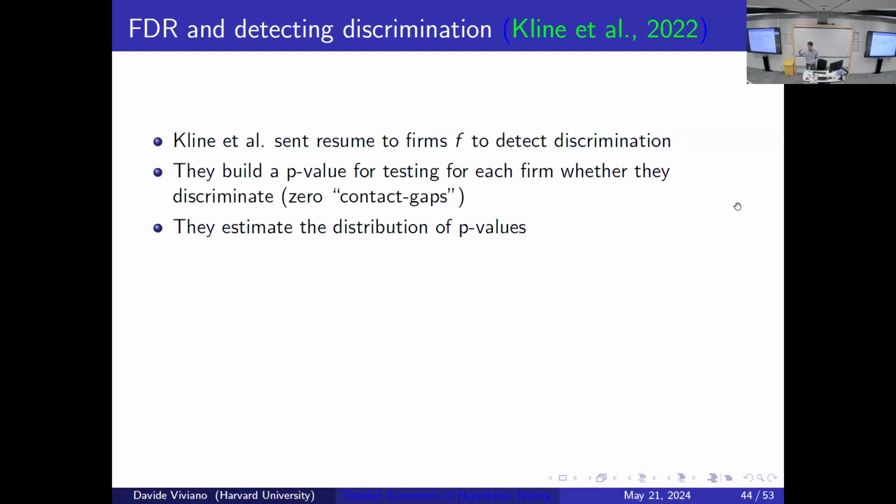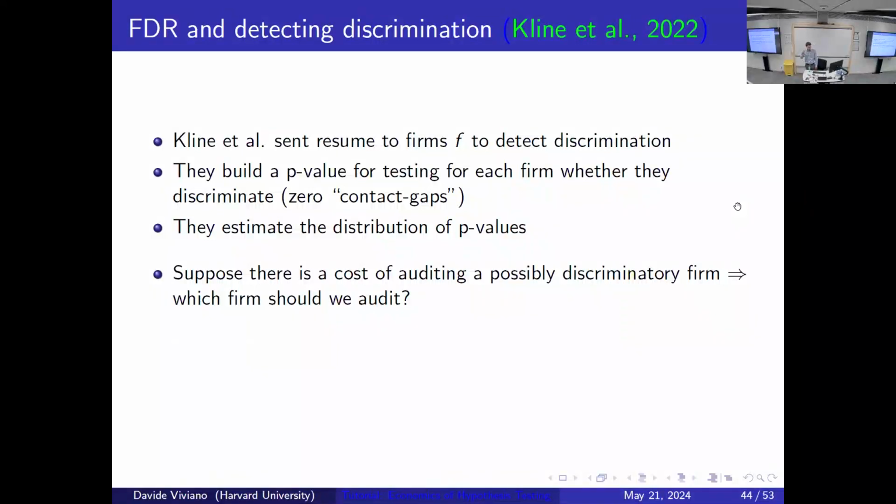And then they can construct tests for each of these firms. So now they have lots of tests because they have lots of firms, and they can estimate the distribution of the p-values. So the question becomes, suppose that there is a cost of auditing a firm if this firm is discriminating. Which firm do we want to audit?